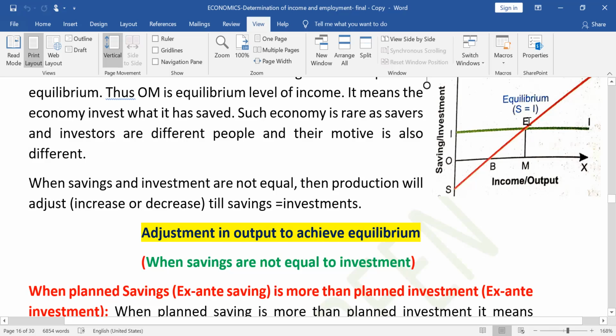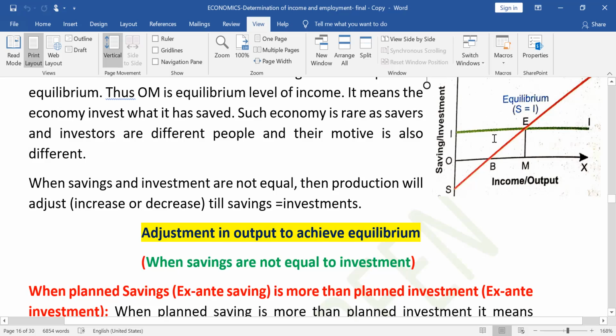To the left of point E, investment is more and saving is less, which means aggregate demand is more and aggregate supply is less. In an economy, when aggregate demand is more and aggregate supply is less, whatever goods are produced are all sold. The producers are getting high profit because demand is very high. This will induce the producers to produce more, so they will employ more people.